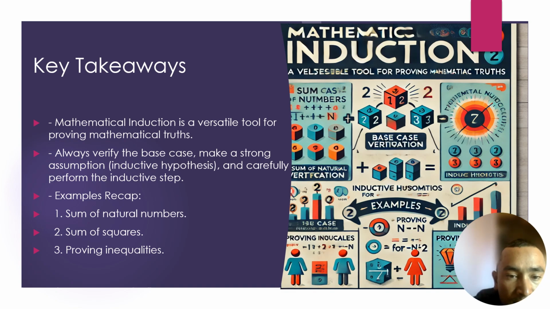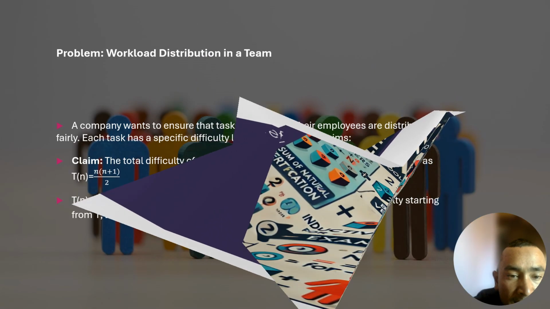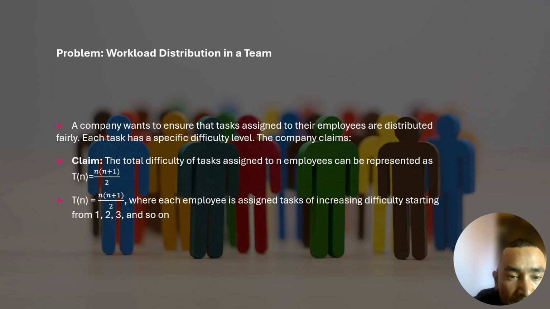Okay, now the last example, as a real life example. A company wants to ensure that the tasks assigned to its employees are distributed fairly. Each task has a specified difficulty level.